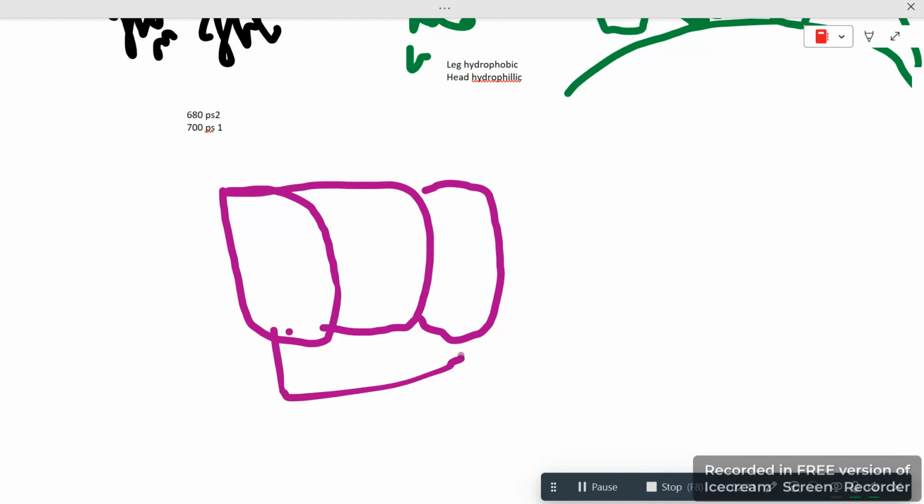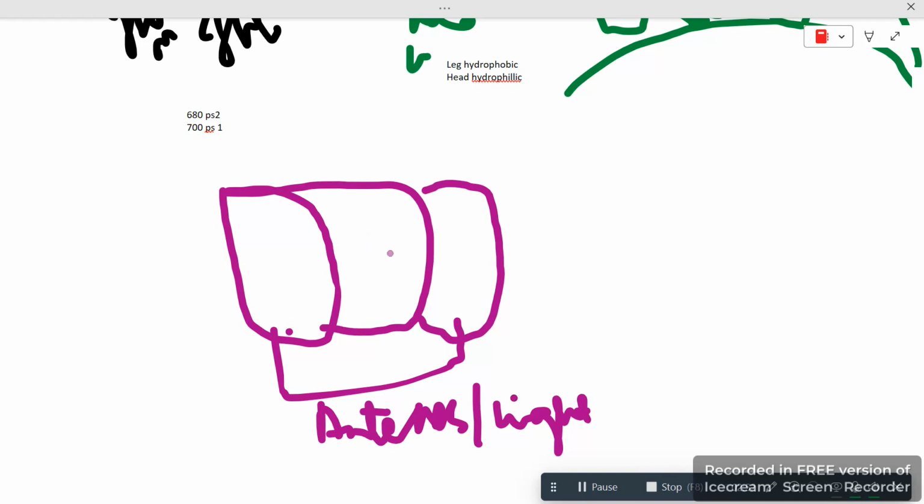These two outer parts are known as antennas, or we also call them the light harvesting complex. And the middle one is known as the reaction center.